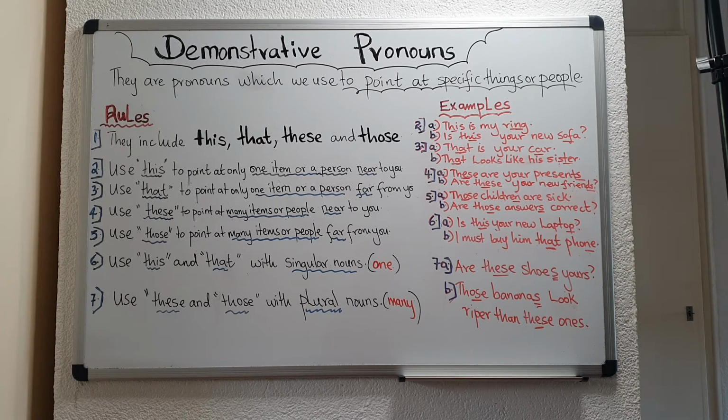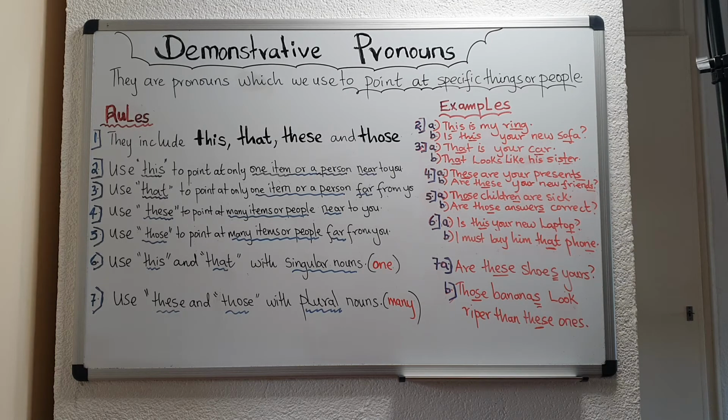Or let's say, for example, you're sitting in a classroom and you have a maths textbook and it has answers. And you have some friends who are sitting on the other side of the classroom and they have the same textbook and the textbook has answers.